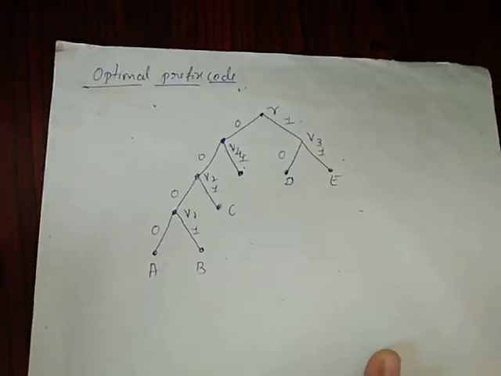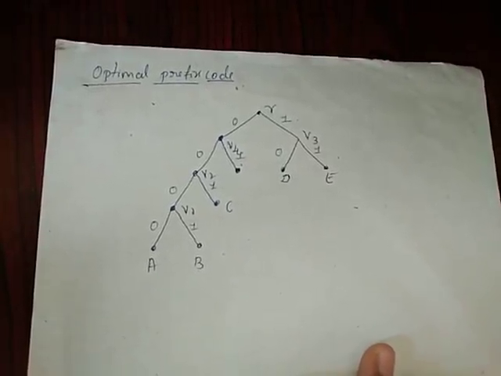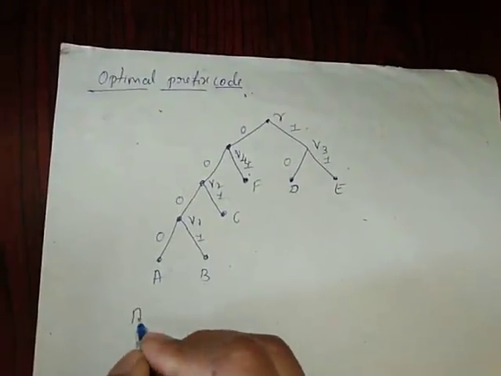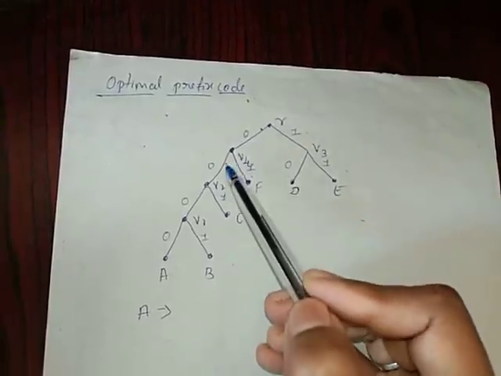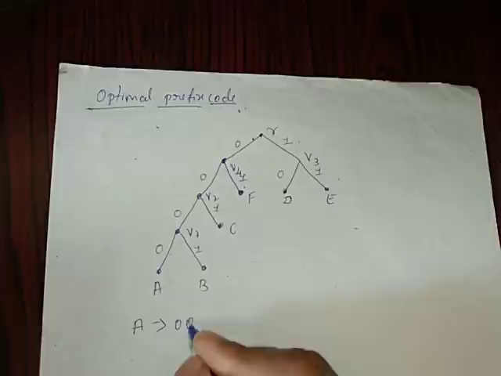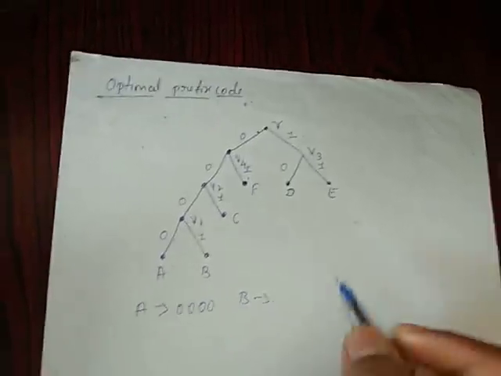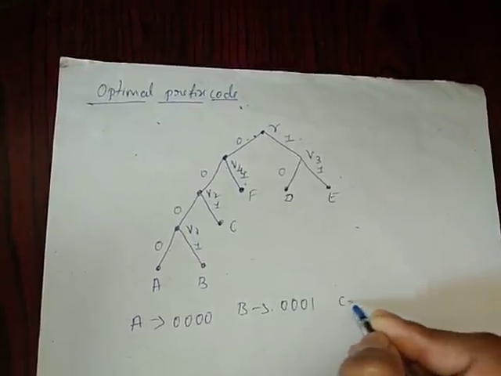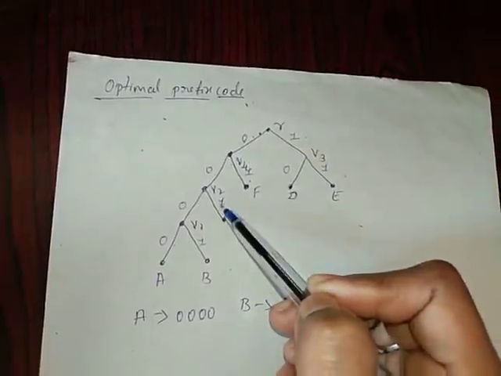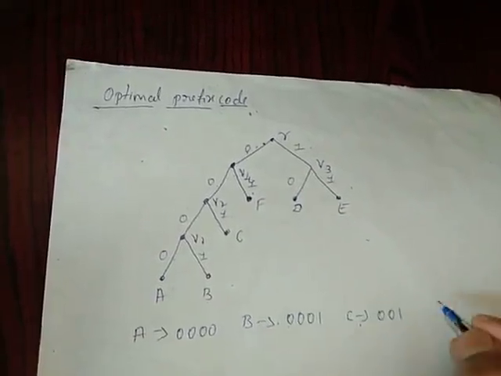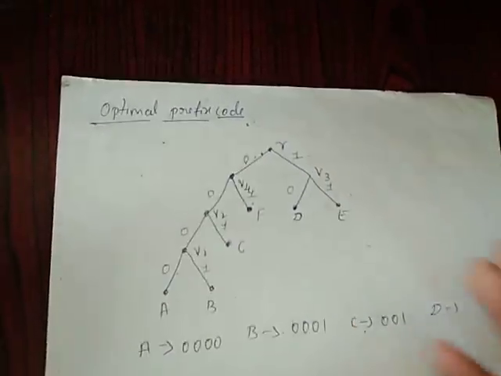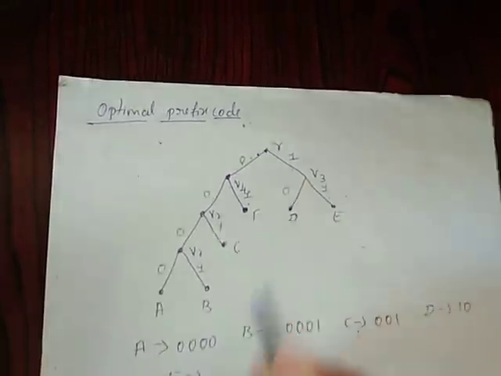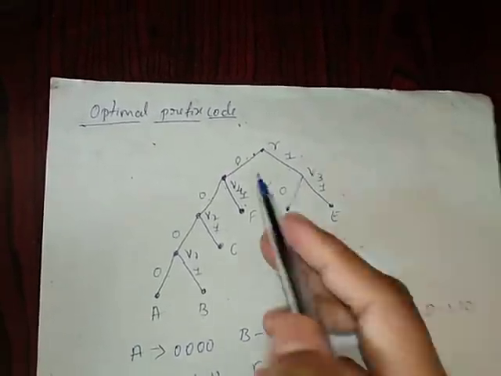Now we have to give prefix codes for the vertices A, B, C, D, E, F. For A, the prefix code is 0000. For B, the prefix code is 0001. For C, 001. For D, 10. E, 11. F, 01.